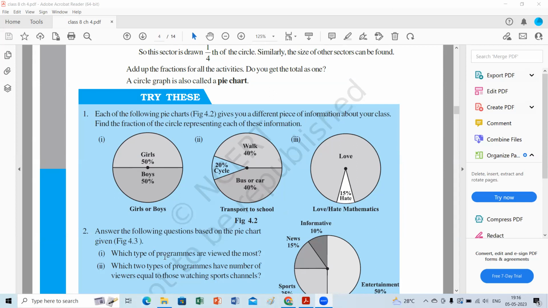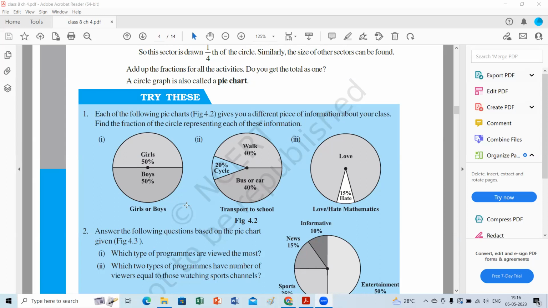What is the total? 100. 50%, 50 by 100. Is it so? Yes, ma'am. Find the fraction of the circle representing each piece of information. By looking only, we can say it's half girls and half boys.